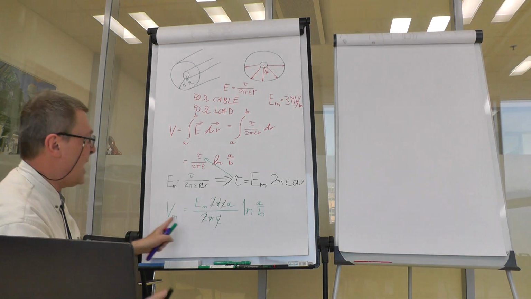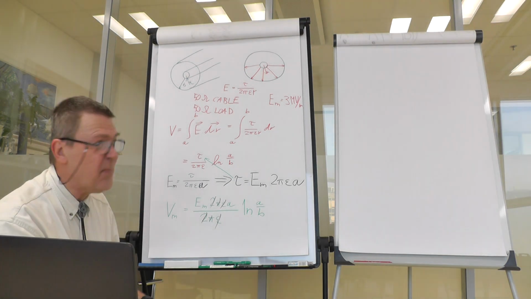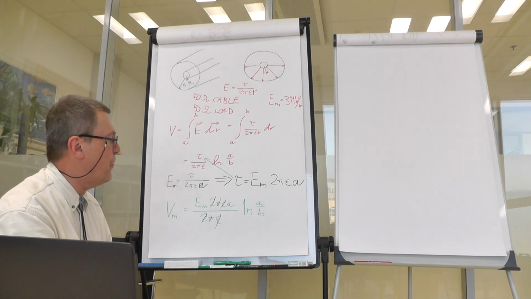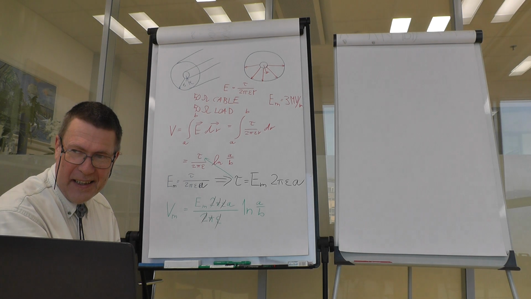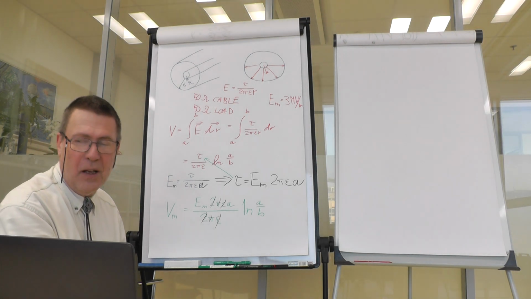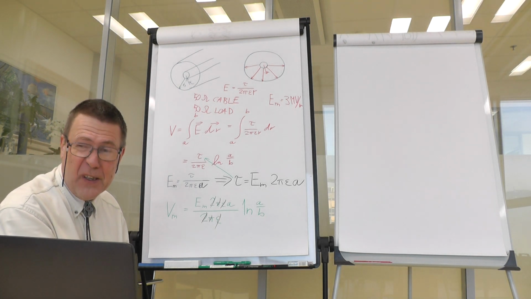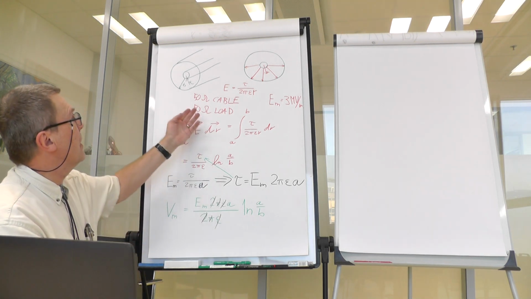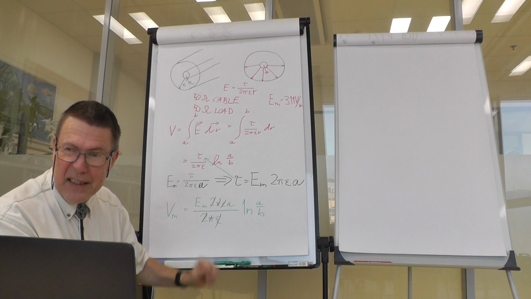Okay, so we have the maximum voltage on the line. And now let's have a question. So first we have a 50 ohm transmission line, and we deliver a power to a 50 ohm load. And let's do that at DC.